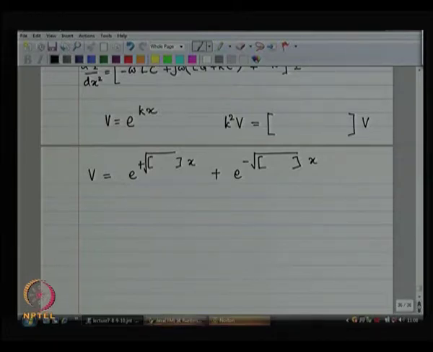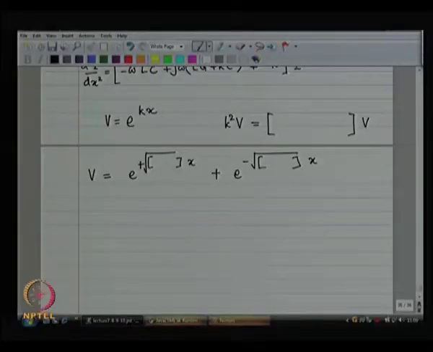Okay. And this positive and the negative square roots, these are both complex numbers. Agreed? Okay. So, these are both complex numbers, means there is going to be a real part to it, there is going to be an imaginary part to it.